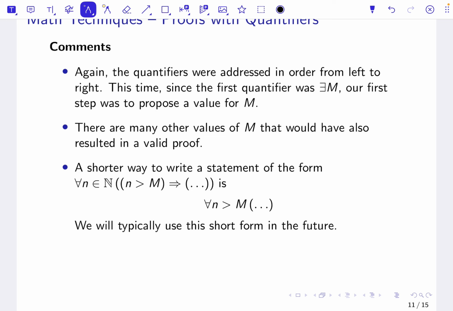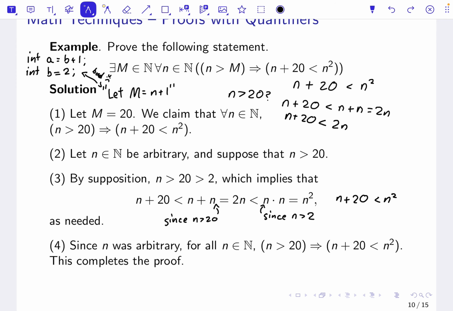And I think this little shortcut is going to be introduced here and used for basically the rest of the course. The sets that these numbers we're working with belong to is usually just clear from context. We're not going to write for all m and n in the natural numbers, or for all n in the natural numbers anymore.